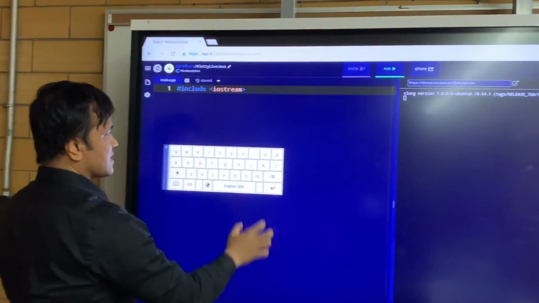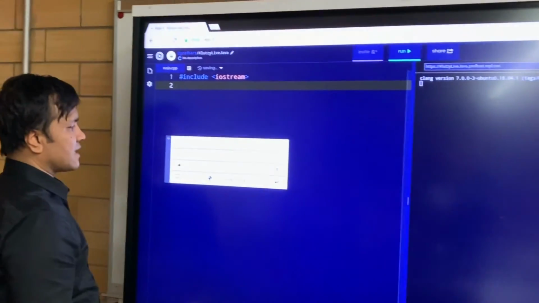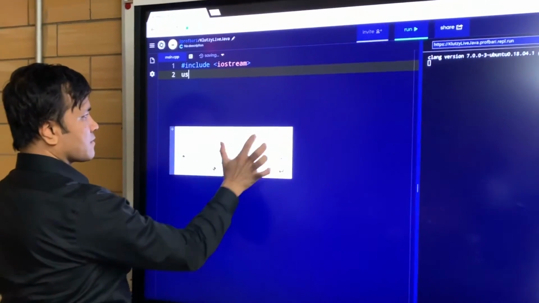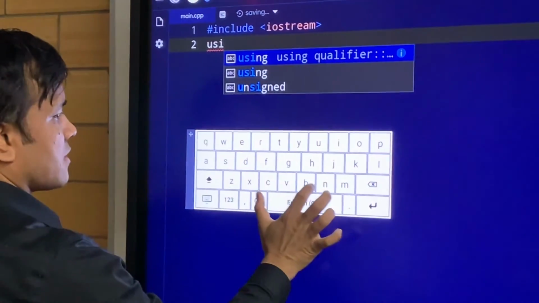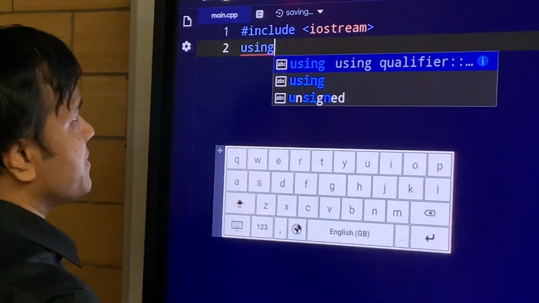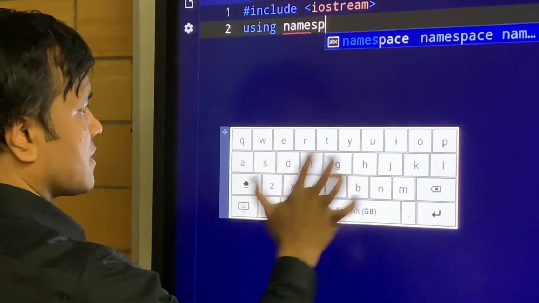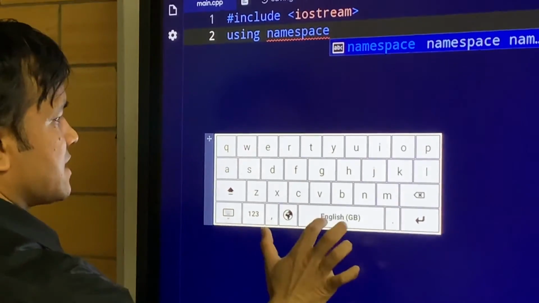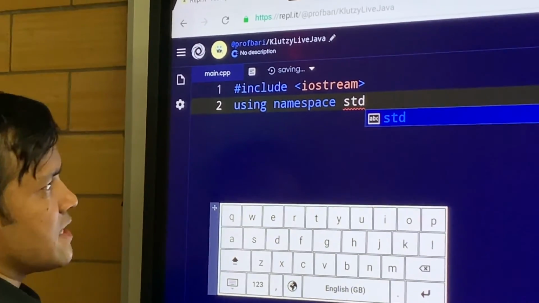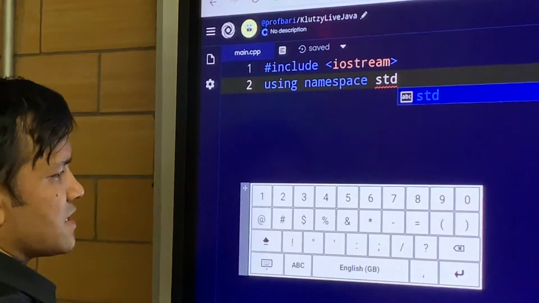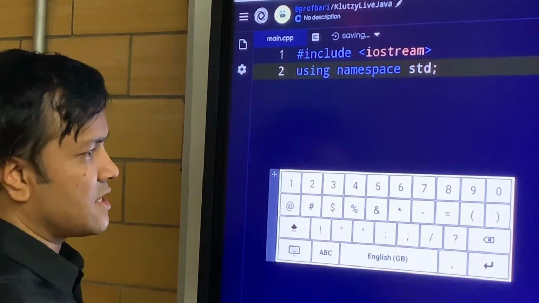So I'm done with the first line. Now I'm going to write the second line using namespace std. Now I need a semicolon. Hopefully this guy has a semicolon. Thank God it has a semicolon.